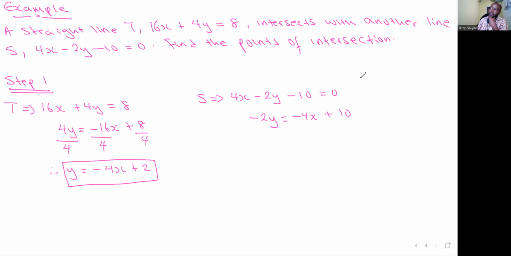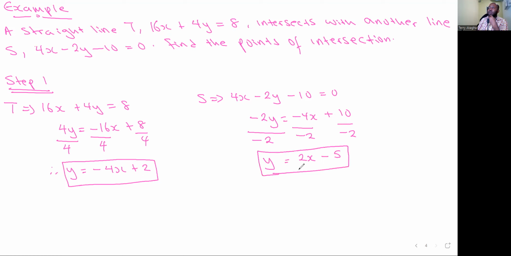You take minus 10 to the other side, it becomes plus 10. You then divide both sides by what? Minus 2. And this is going to give us y equal to minus 4 divided by minus 2 gives us 2x, plus 10 divided by minus 2 gives us minus 5. And that will be the equation for line S.